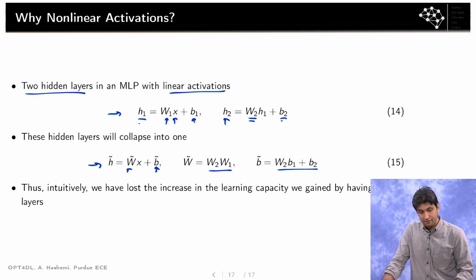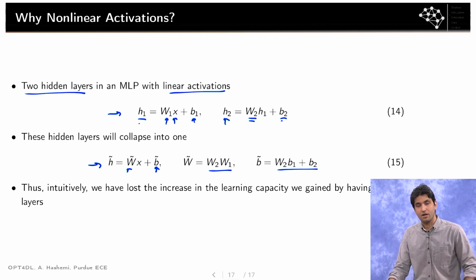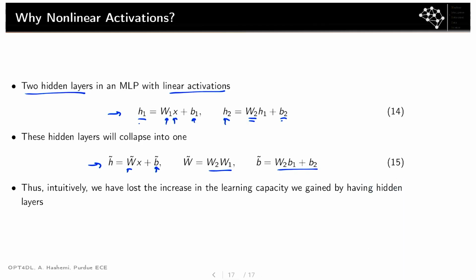But if we use a linear activation function, regardless of how many layers we have, that's essentially a one-layer perceptron. So we're not going to be able to increase the learning capability by increasing the layers of the model. Therefore we aim to avoid such scenarios, and to do that we're going to always utilize nonlinear activation functions such as ReLU.